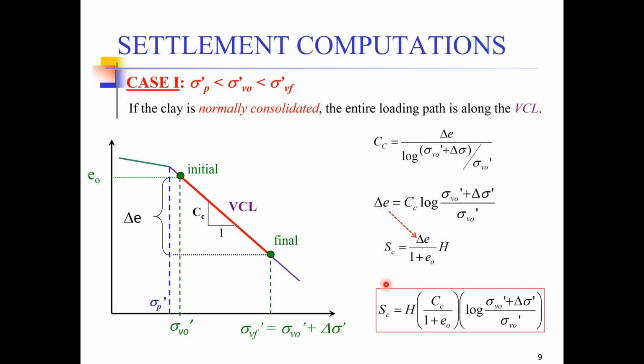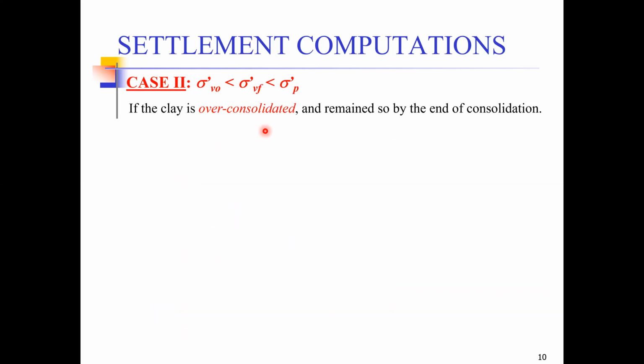Now, this equation looks complicated, but if you understand the process, what is going on here, you don't need to cram this equation. Rather, you can easily write down this equation from your understanding. So this was the case for a normally consolidated soil. What happens if we have an over-consolidated soil?